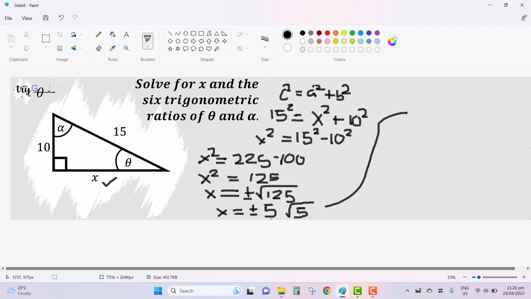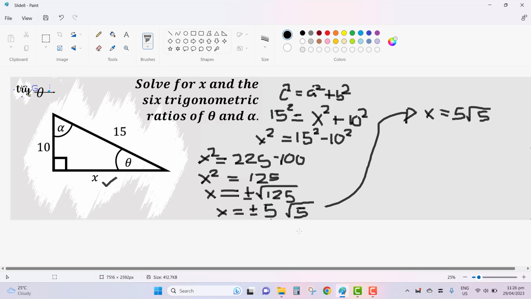And since we are dealing with measurements, we will only accept the positive value of x, 5 square root of 5. This is now the value of x, which will be used to solve for the 6 trigonometric ratios of both angles theta and alpha.